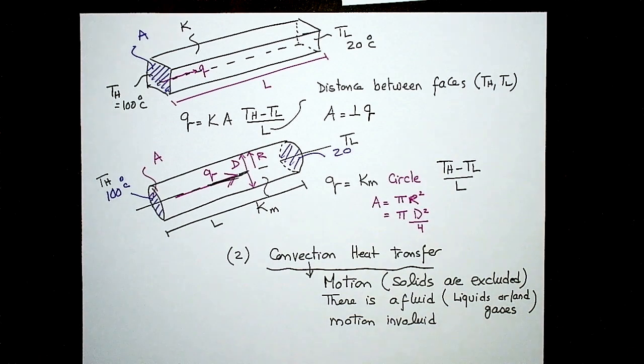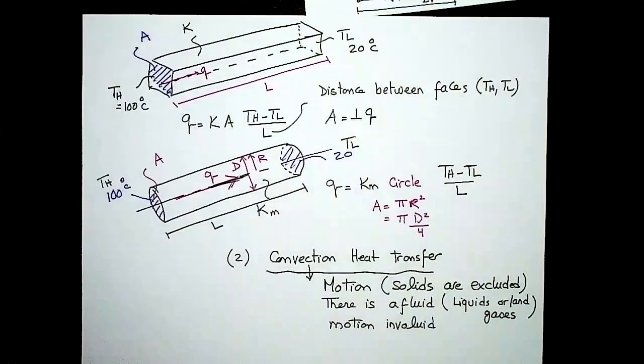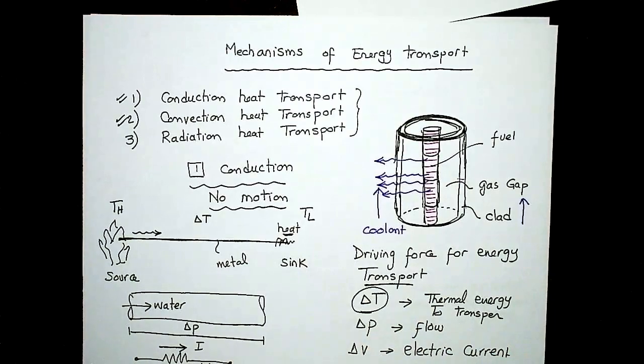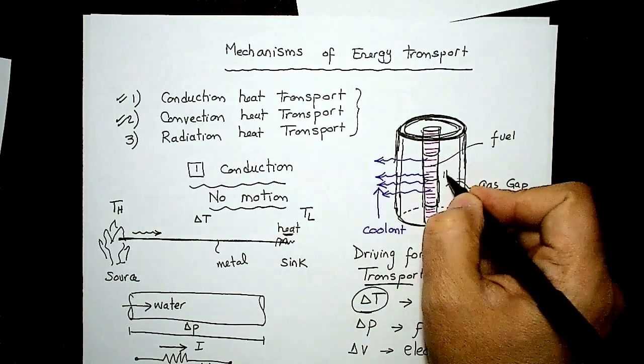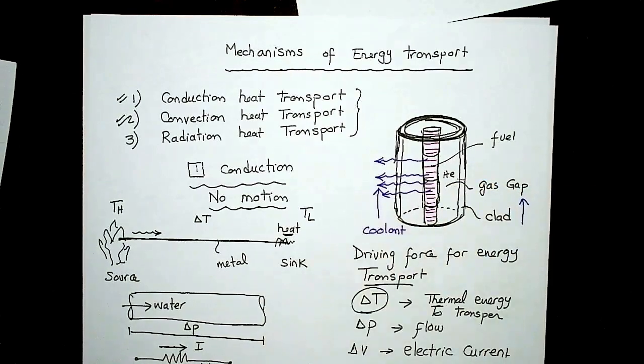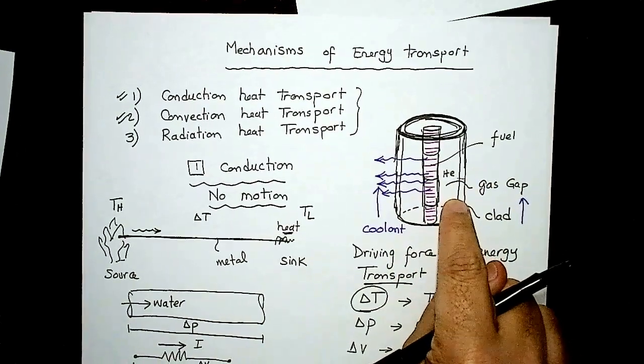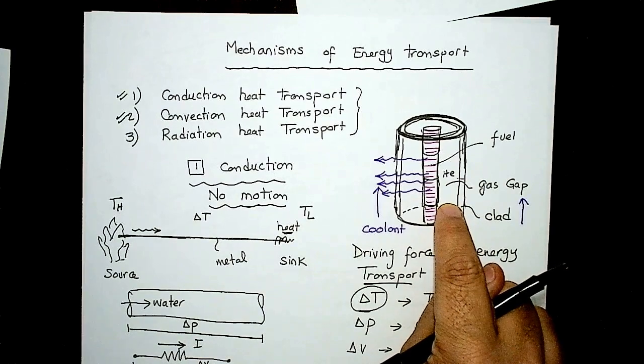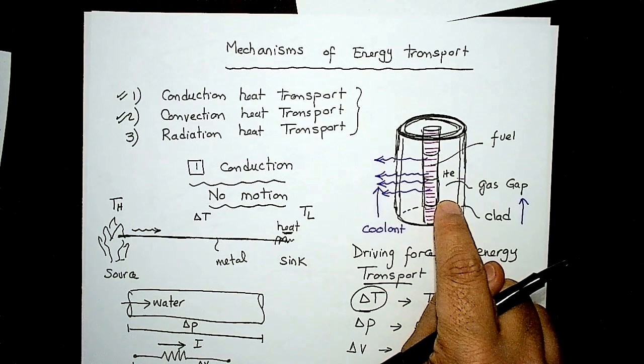So for example, if I go back to the fuel rod here, there are two fluids in this example. There is a gas gap, which is usually filled with helium, and there is a fluid outside. The helium gas gap is not in motion. It's stationary. So I'm still looking for conduction through that helium layer.